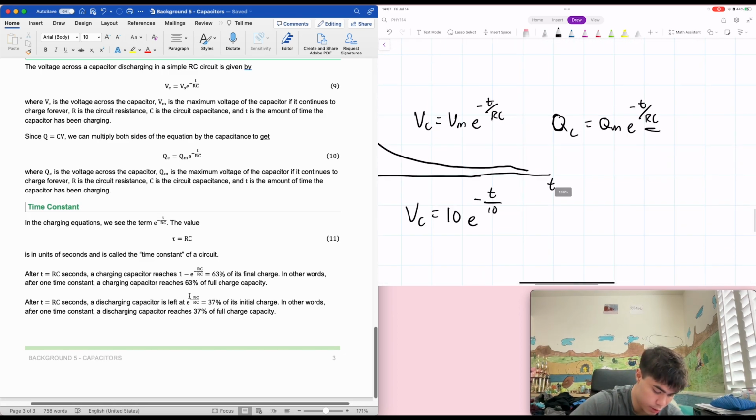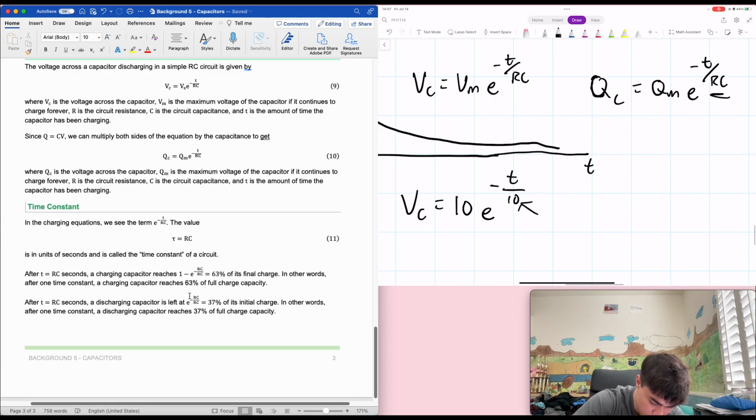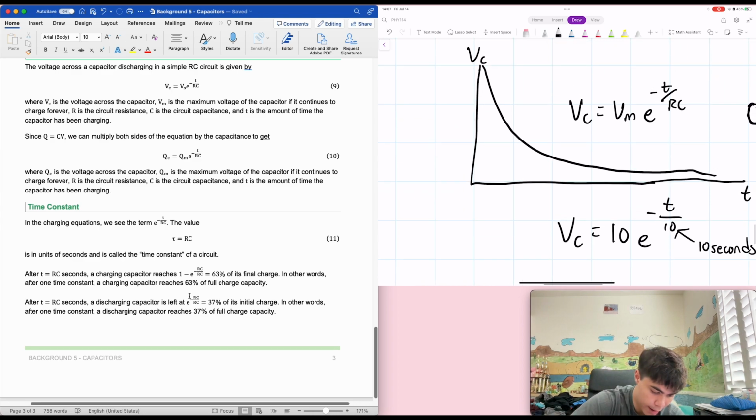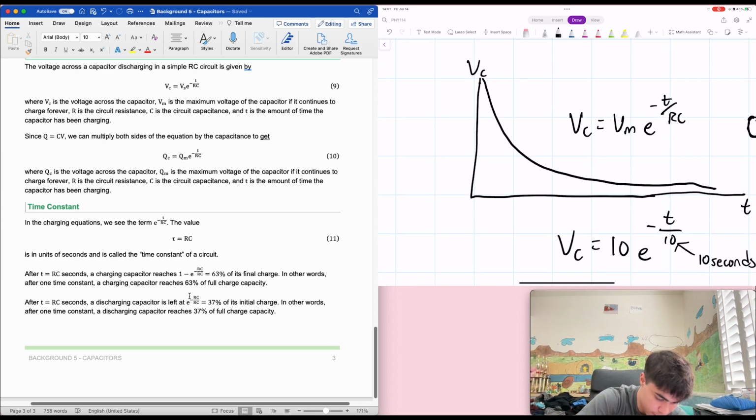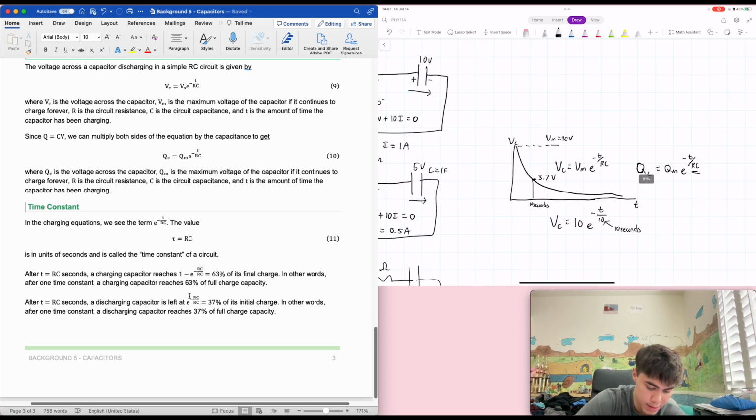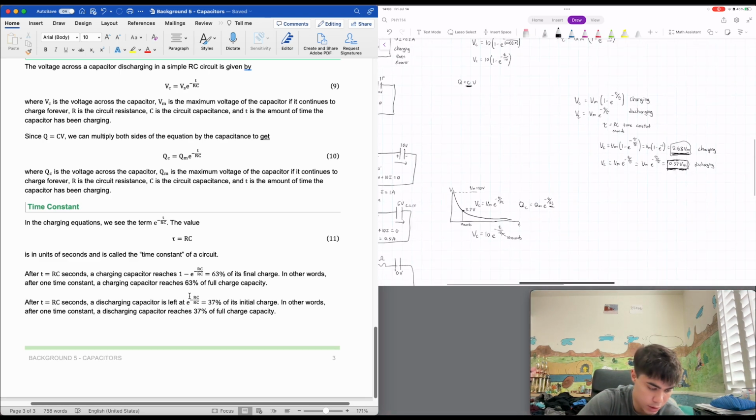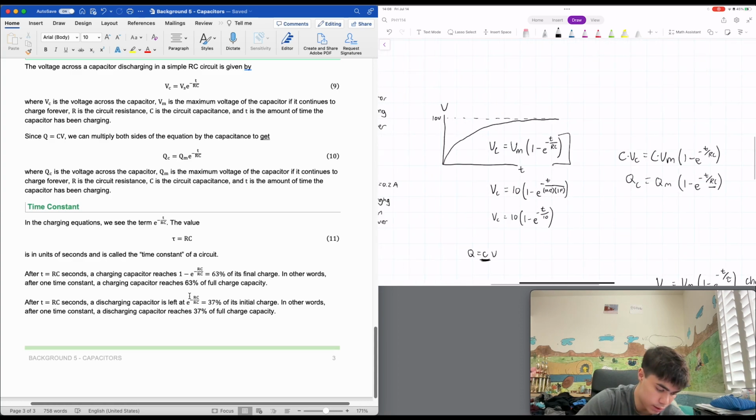So here our time constant is 10 seconds. After 10 seconds, that's right here, and this maximum voltage was 10 volts, then right here at 10 seconds we're at 3.7 volts, because we're at 37% of our initial voltage.